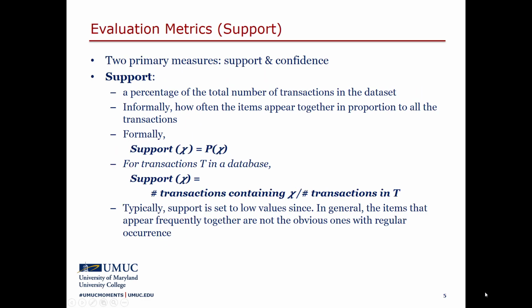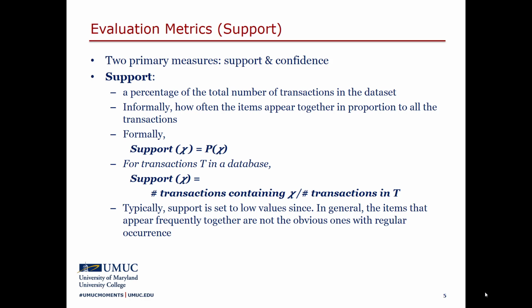Okay, evaluation metrics. We talked about identifying frequent item sets, and from those item sets extracting rules. But how do we formally qualify those item sets and the extracted rules? One of the commonly used metrics for the Apriori algorithm is support. Support is the percentage of total transactions in the data set.